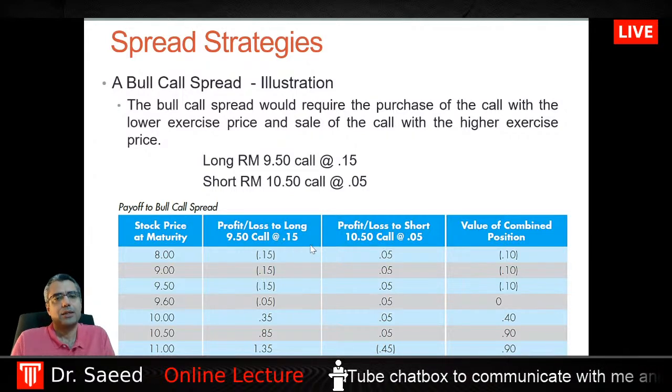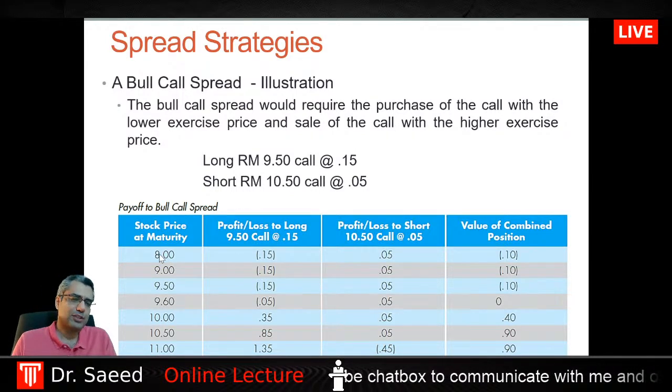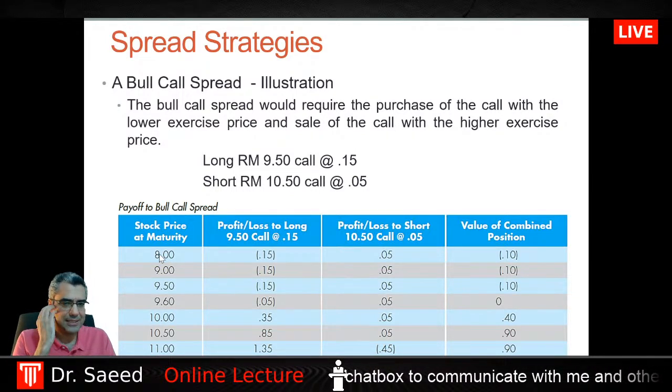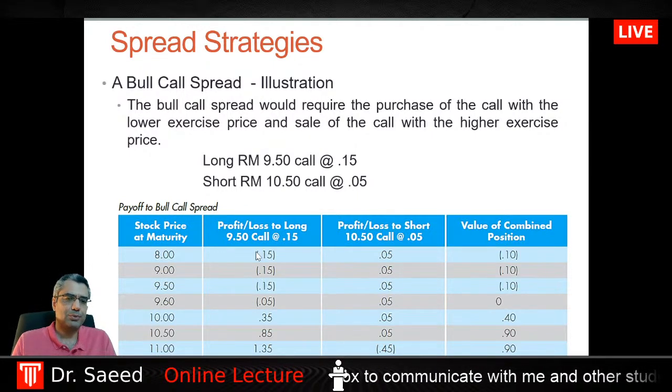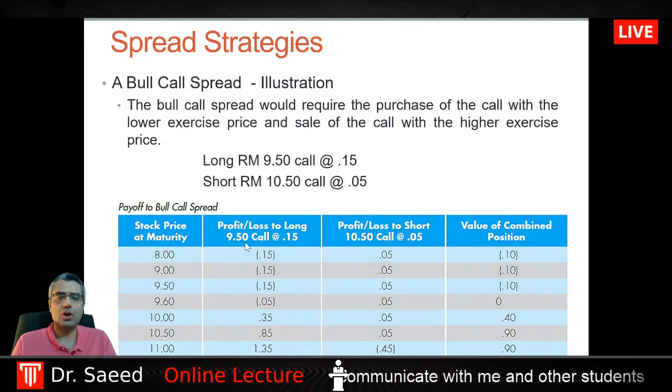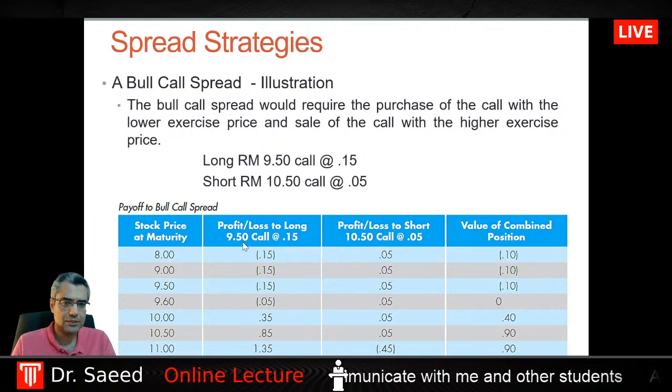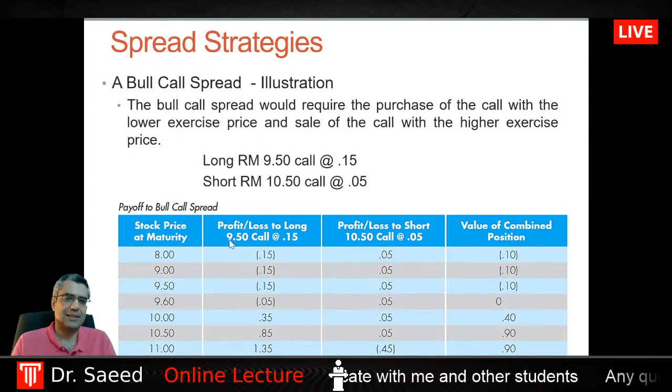Now, if the market price of the underlying asset is 8 ringgit, what will be my profit and loss for the first one? Long call. Long call means I have the right to buy the underlying asset at 9.5. But today the market price is 8.